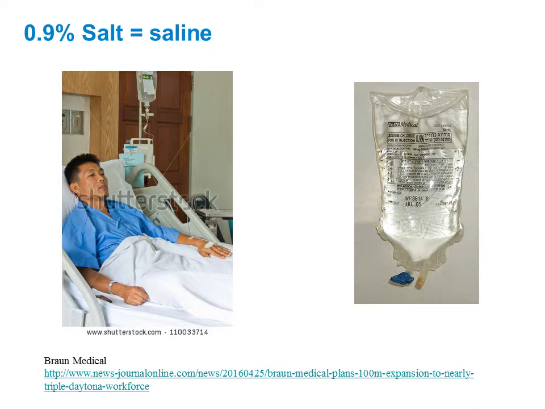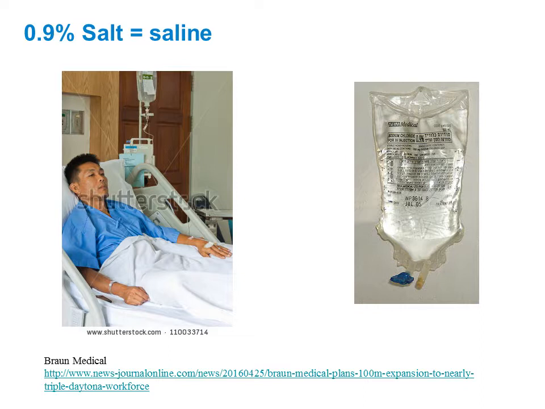How is this relevant? Whenever you go to the hospital and you've been hooked up to an IV, the solution that's in the bag is 0.9% salt. Therefore, you have no effect.